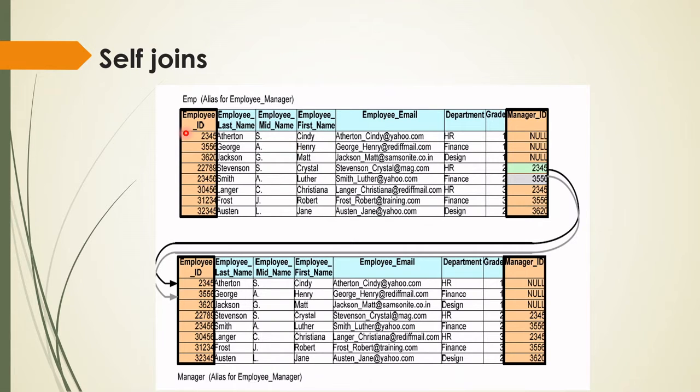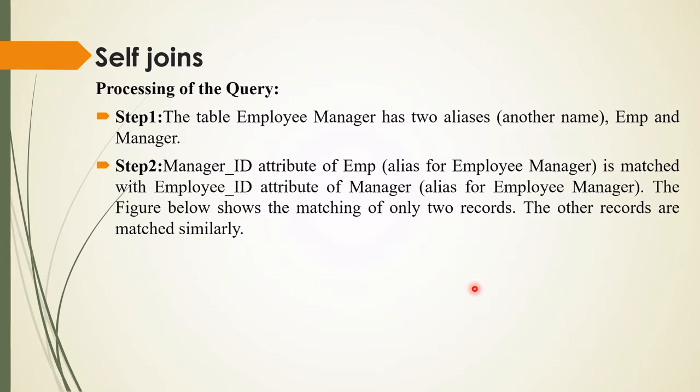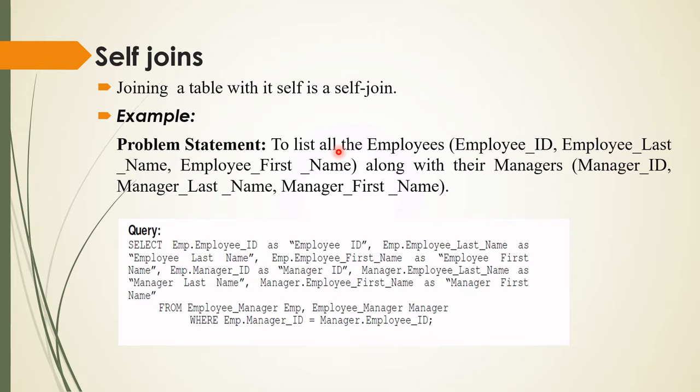See here, the table is the same: employee ID, employee last name, employee middle name, employee first name, employee email address, department, grade and manager ID. So the first table is known as employee, that is the alias for employee manager, and the second is manager. Now what we have to do is list all the employees along with their managers.